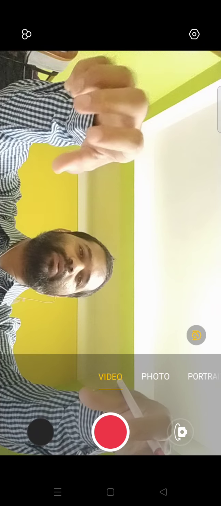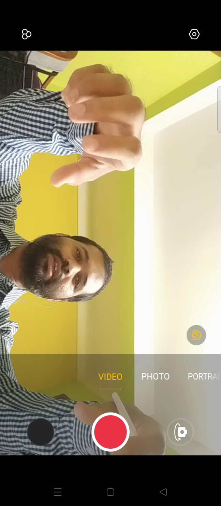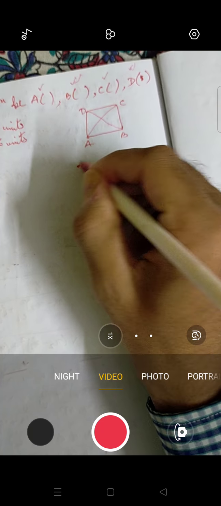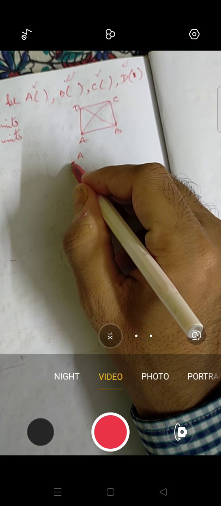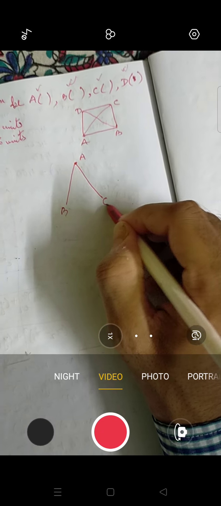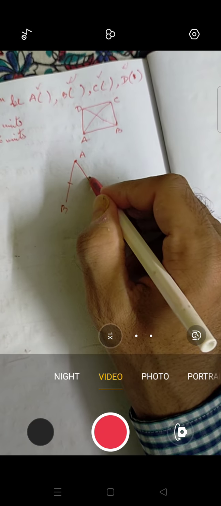That means the distance from my body to this hand and this hand will be equal. Or in other terms, suppose this is A. A is equidistant from B and C. That means these two distances are equal. Any problem?